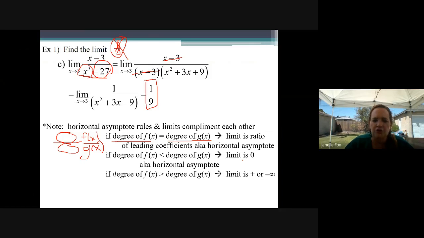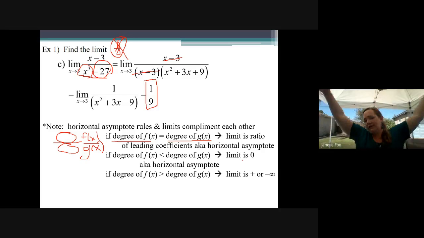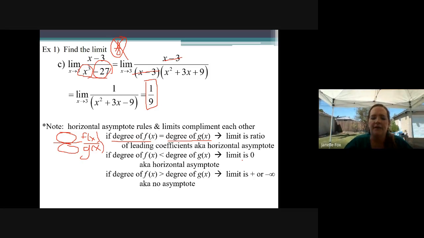And then if the degree of f, the top, is greater than the degree of the bottom, you are not going to have any asymptotes at all. The limit is going to go to positive or negative infinity. Those numbers are just going to get really large or really small, and there is no asymptote.